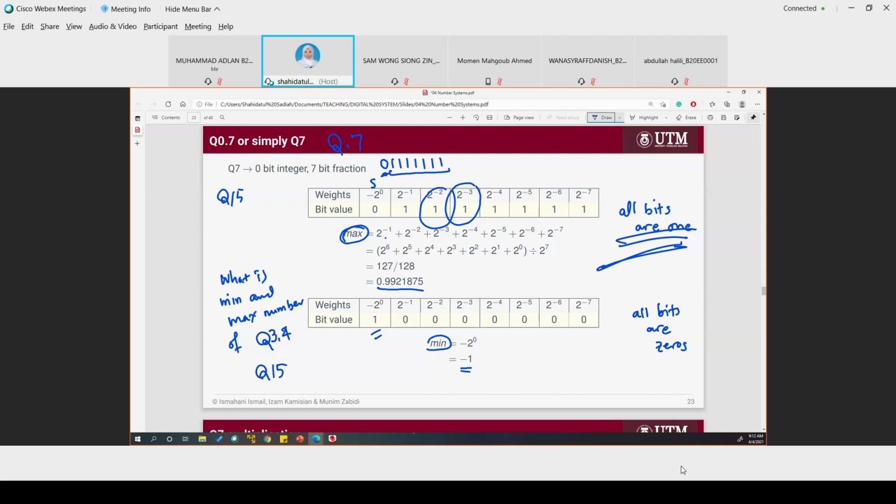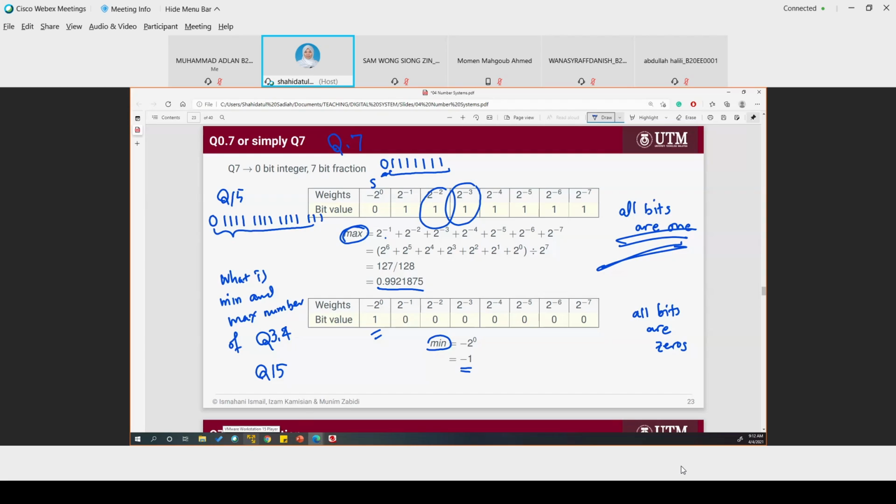But for Q15, to find the maximum number, the sign must be 0, because it must be positive. And then we have 15 ones.